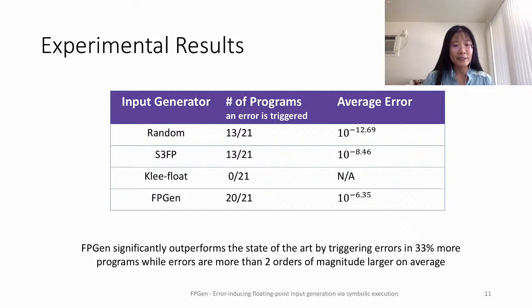Regarding the magnitude of the error triggered by each input generator, FPGen triggers an error that is around 10 to the negative 6 on average in 20 programs. So it is 2 orders of magnitude larger than the state-of-the-art S3FP.